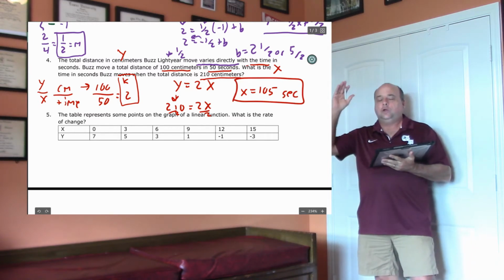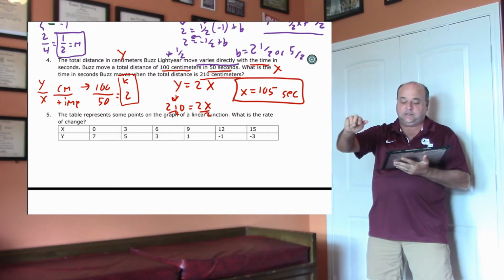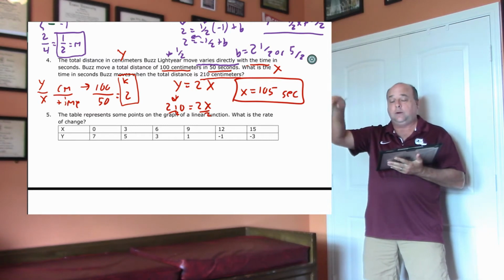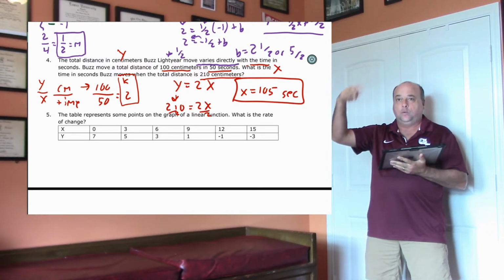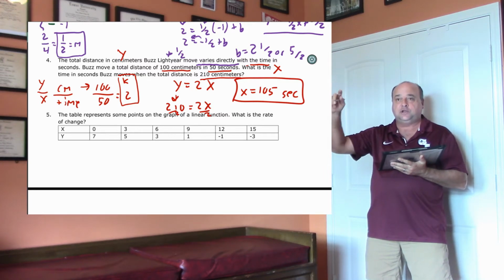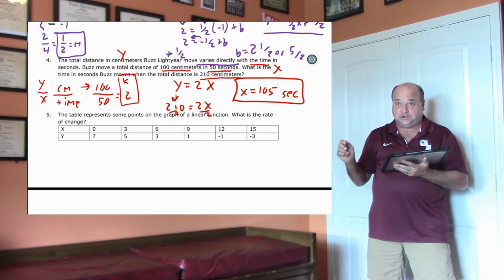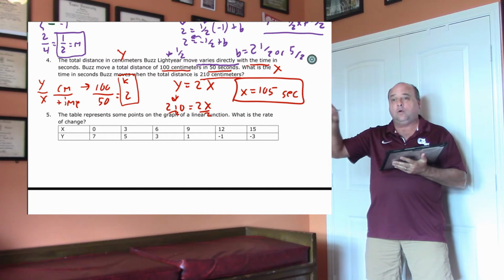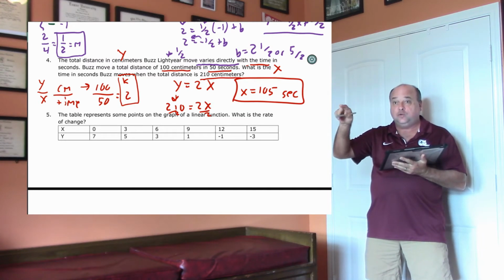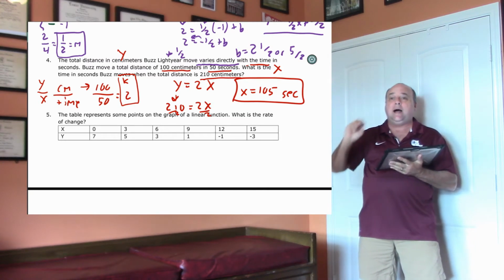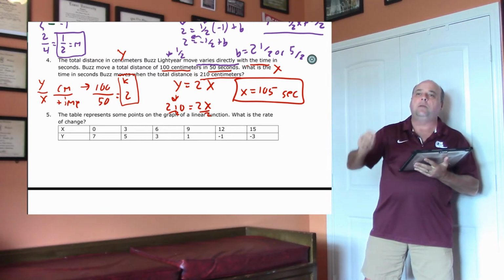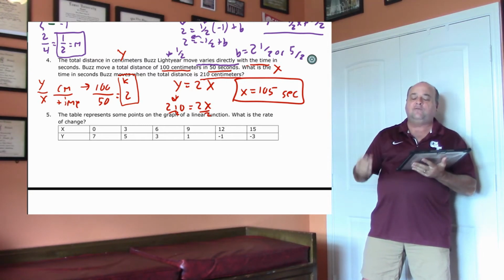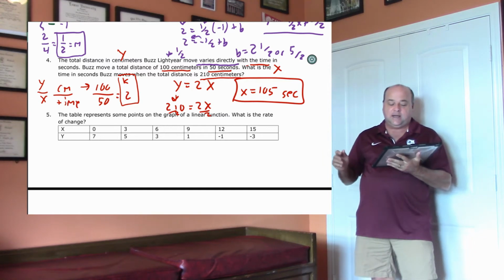So you put your y over x, y varies directly with x, so y is our centimeters, x is our time. Put 100 over 50, centimeters over time, simplify that, which is 2. Then write down y equals kx, replace the k with 2, and then they give you the y, they don't give you the x. So you put the 210 in, and instead of multiplying, you divide. So when you solve for x, you end up with 105.